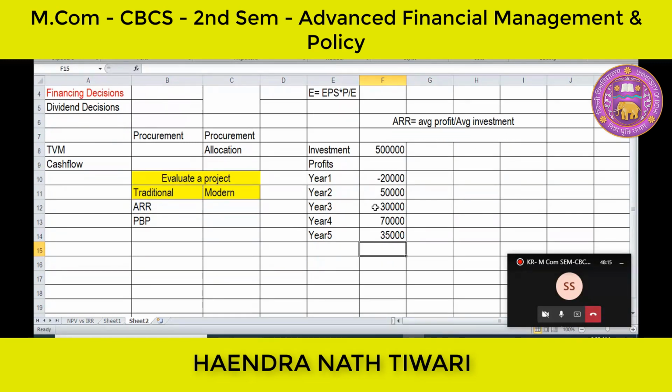And now the question is, what is your ARR, accounting rate of return? There has to be a depreciation policy.